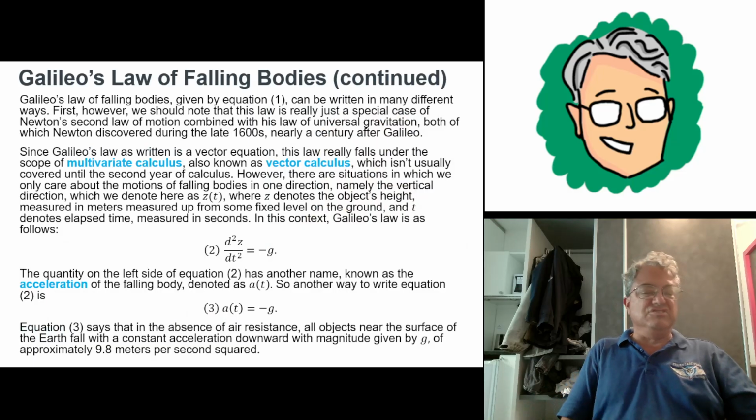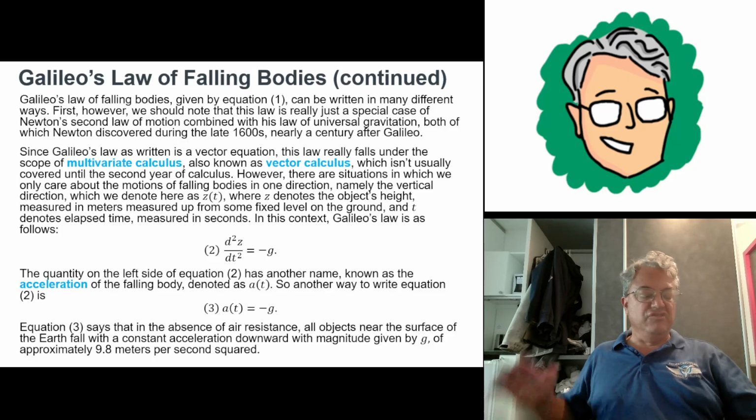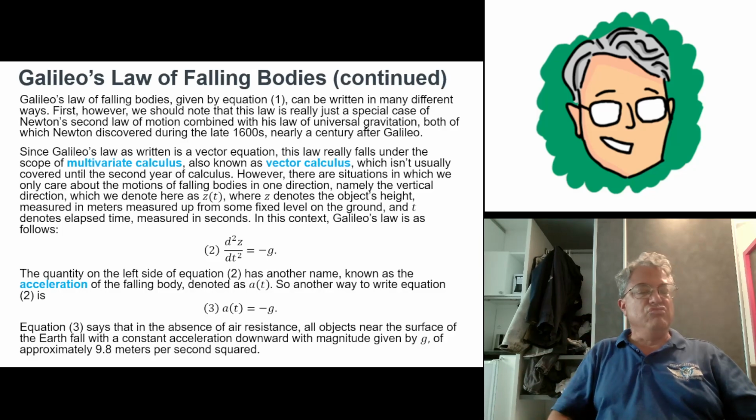But that's a little too complicated for us because we're not dealing with vectors. Like I said, we're dealing with functions of one variable. So we'd like to stick with one variable instead of three. I mean, we live in three dimensions, so displacement or position, if you like, is really a function of three variables. But we want to reduce it to a function of just one variable.